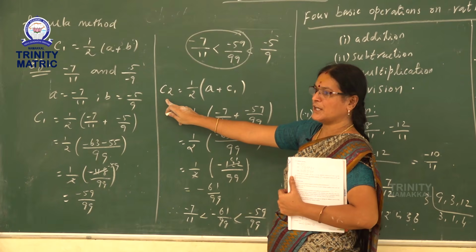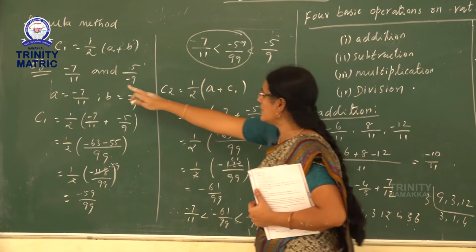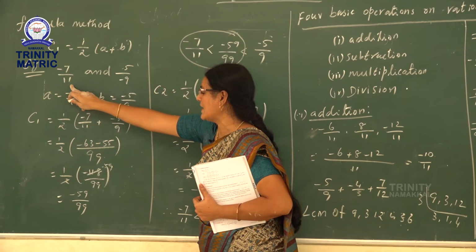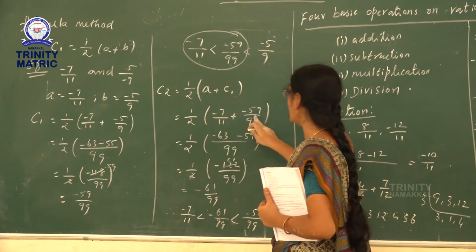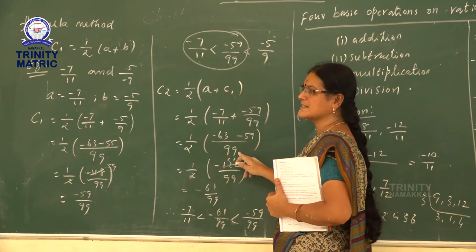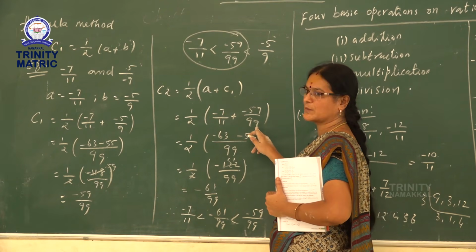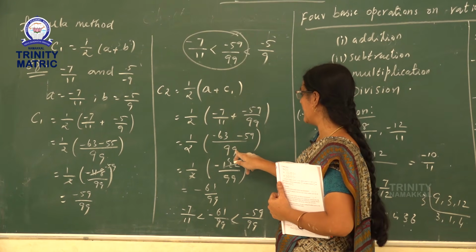Second rational number, C2 is equal to 1 by 2 into A plus C1. The A value already given is minus 7 by 11. C1 value is minus 59 divided by 99. 1 by 2 into, what is the LCM? 99 is the LCM because both are divisible by 11. So I will take 99 as the denominator.